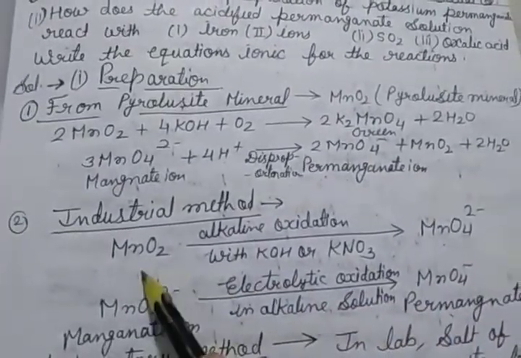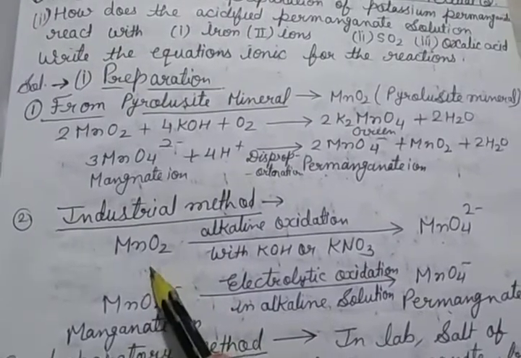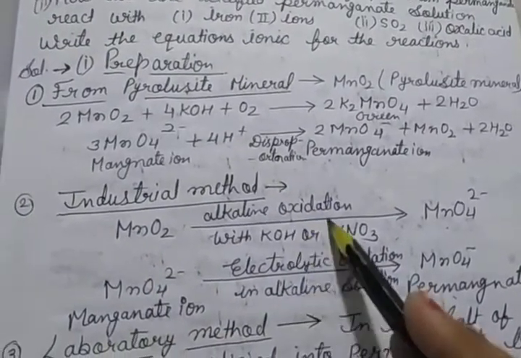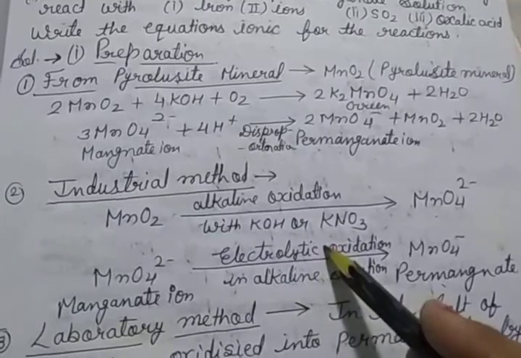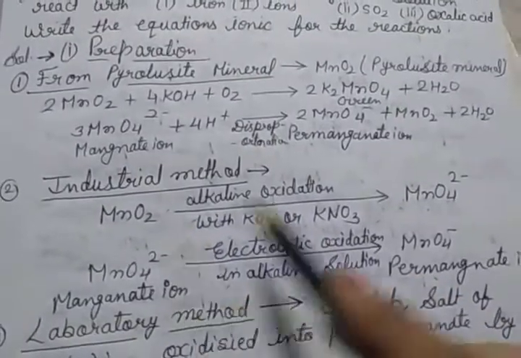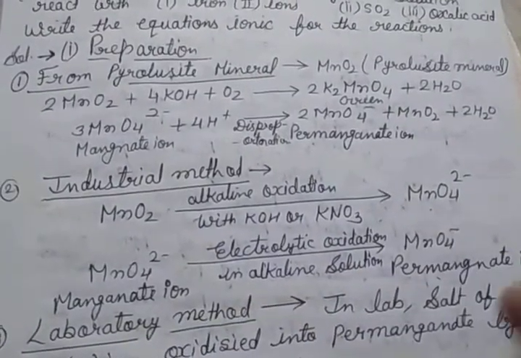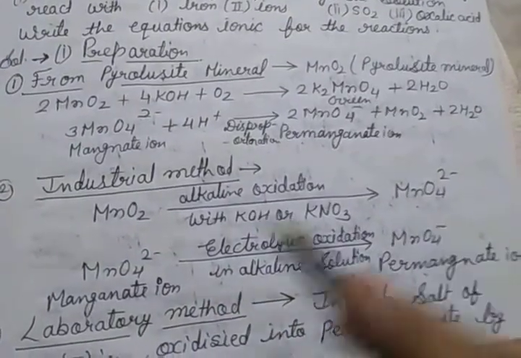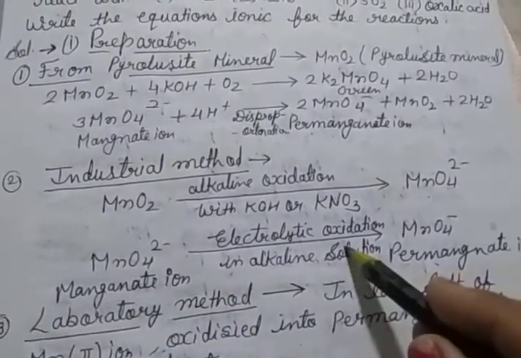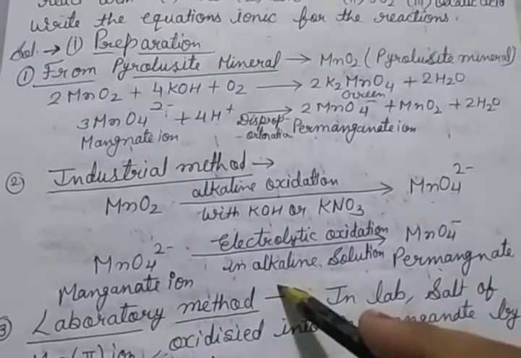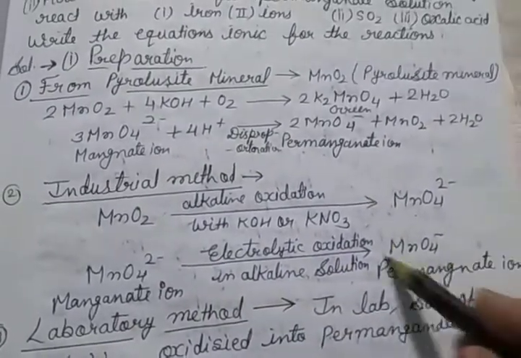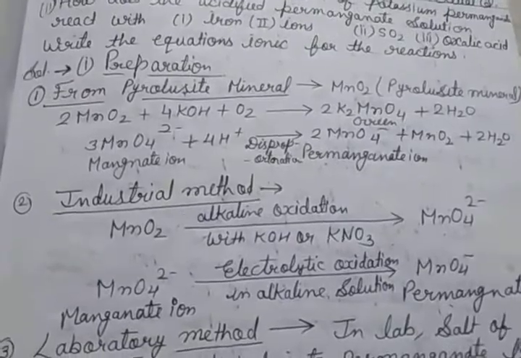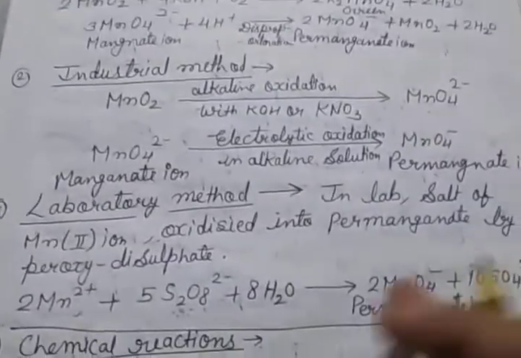Industrial method: pyrolusite mineral MnO2 reacts by alkaline oxidation with KOH or KNO3, so it converts into manganate ion, and the manganate ion again undergoes electrolytic oxidation in alkaline solution, so it converts into permanganate ion MnO4-. Then the third is the laboratory method.